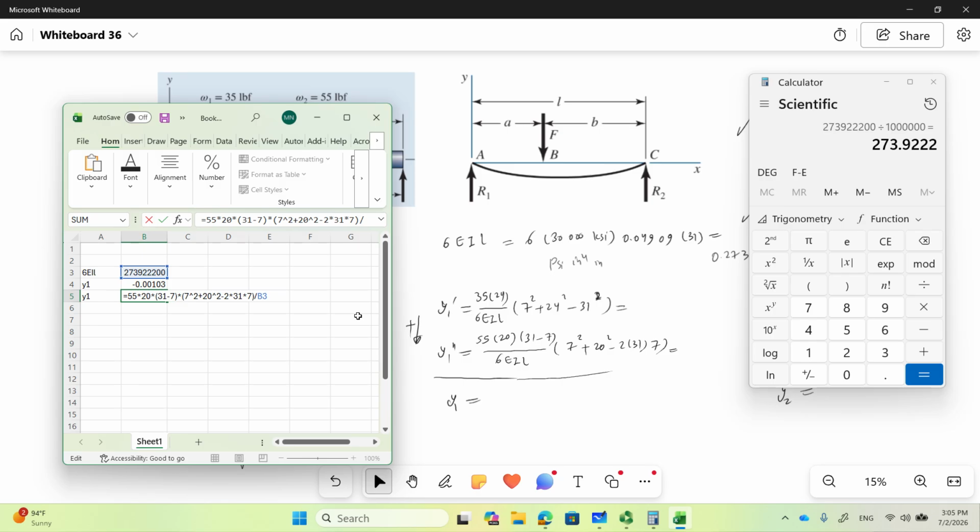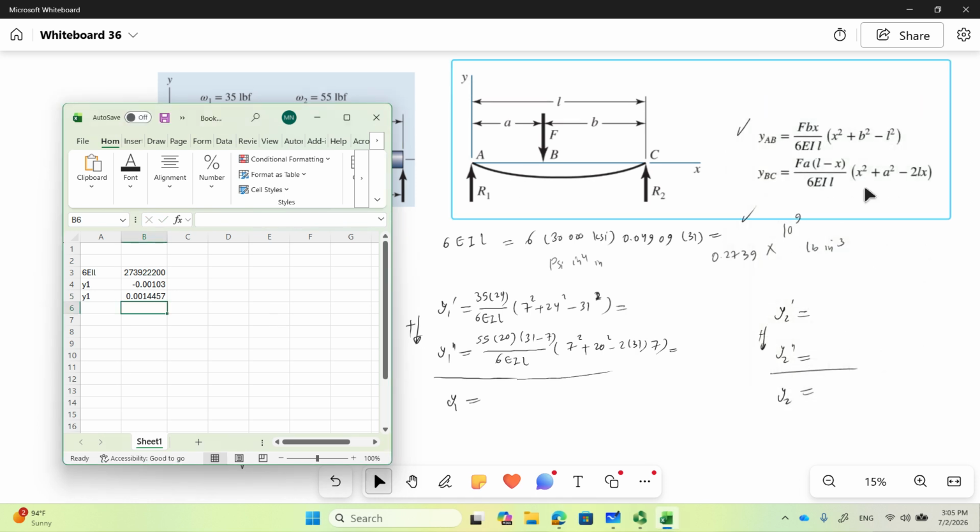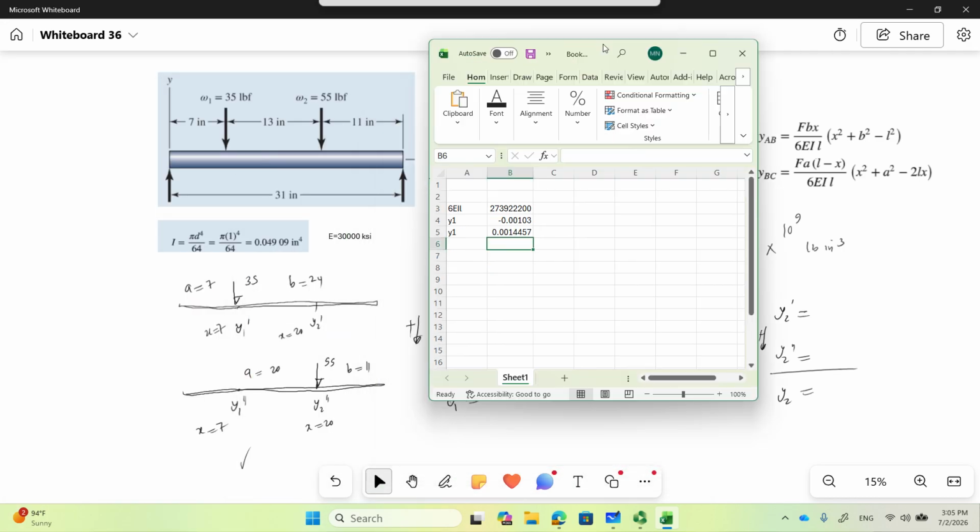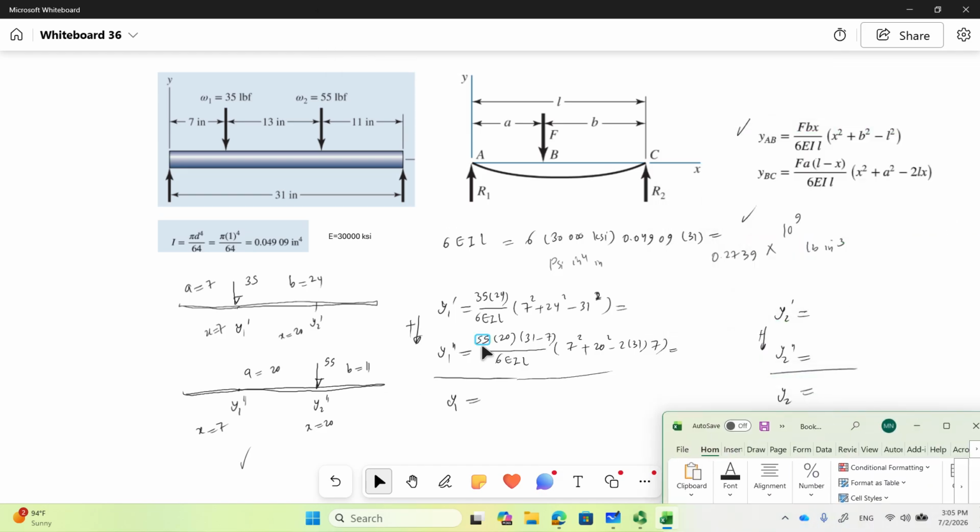So why didn't it? Let's check everything. Okay, let me look at the formula here and see if we have it right. 55 times 20 times 31 minus x, which is 7, divided by 6EIL, and then x is 7 squared, a is 20 squared, minus 2 times 31 times x, which is 7.